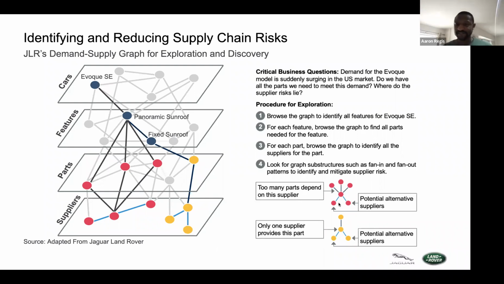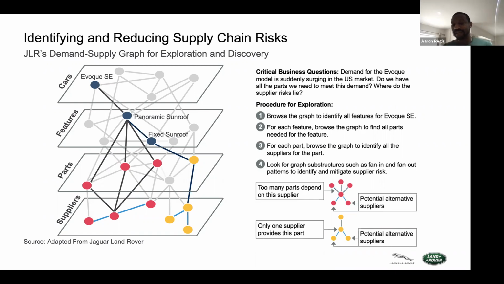This pink color is a pattern that you would see when you have a supplier that is supplying too many parts. So you're dependent on all of these parts on one particular supplier, which is not a good situation to be in. And so now once you have that information, you can effectively look for potential alternatives.